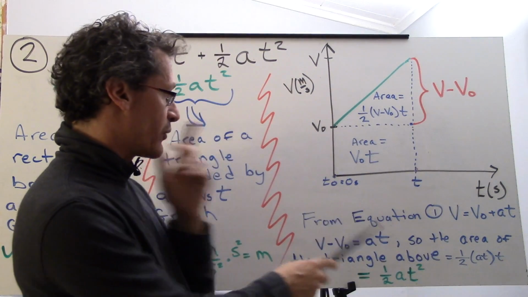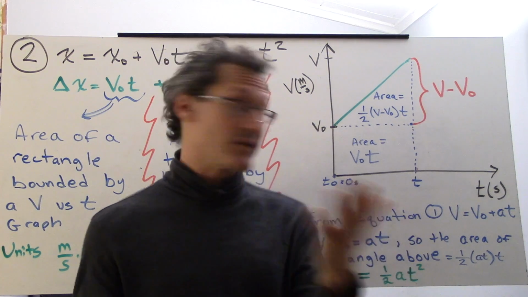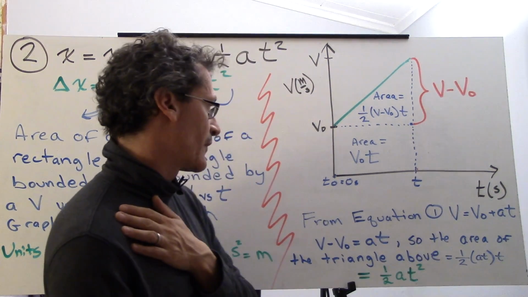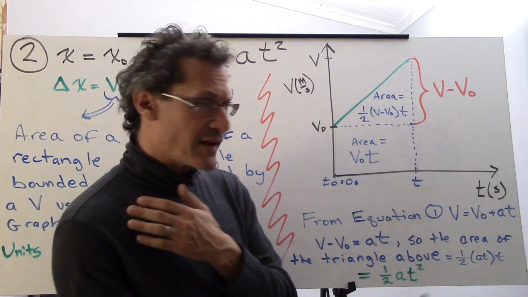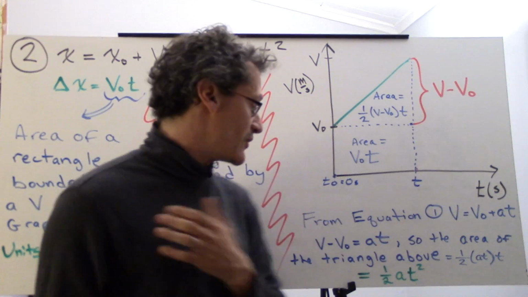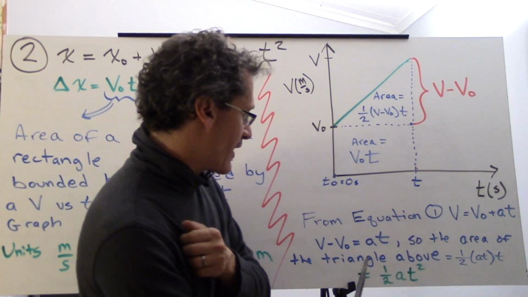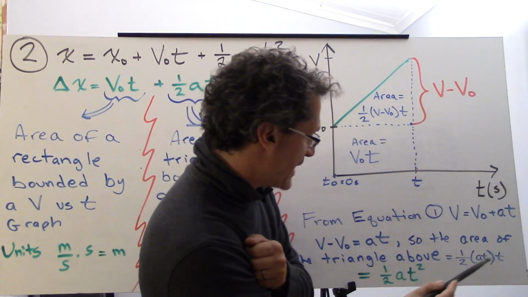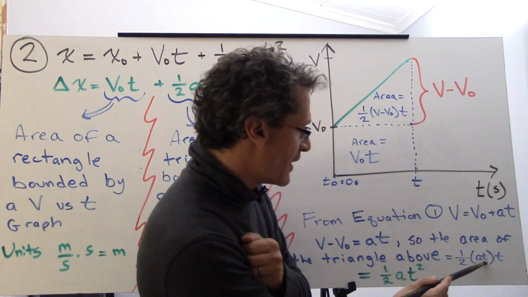So from equation 1, we just did equation 1 earlier, v equals v naught plus at, okay? So we recognize that v minus v naught is equal to at. So I'm going to do a little substitution here. So the area of the triangle above, if I just replace v minus v naught with at, I get 1/2 at times t.